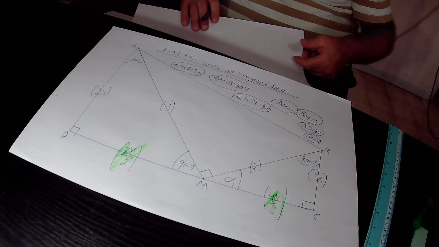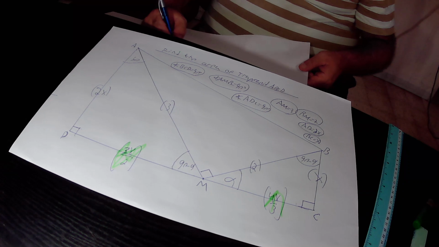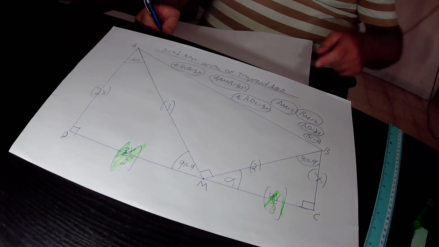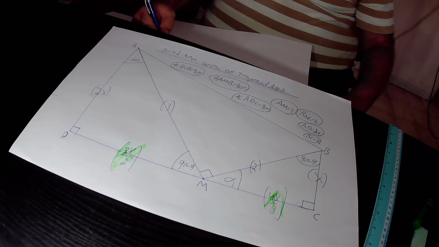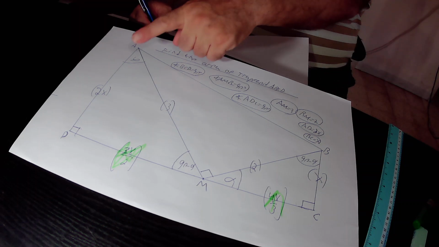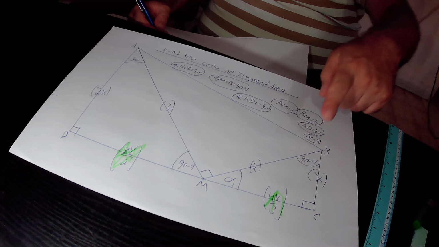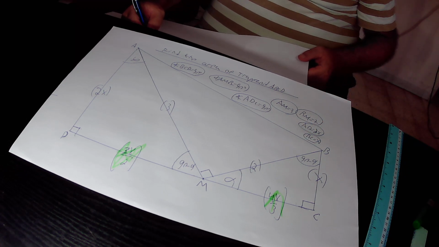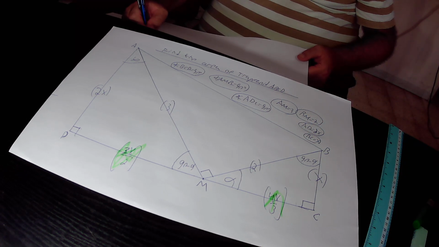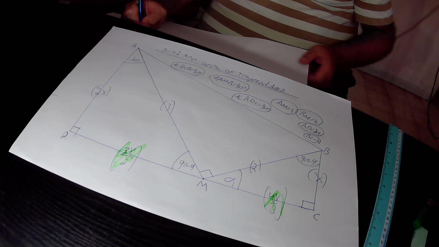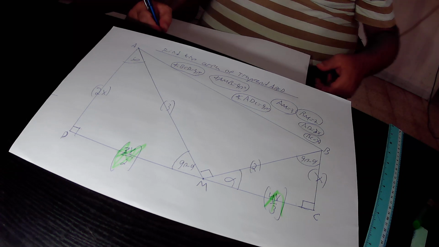AD equals 2x plus BC, BC equals x, times the height DC. DC in total equals 3x over 2 plus 4x over 3, divided by 2.